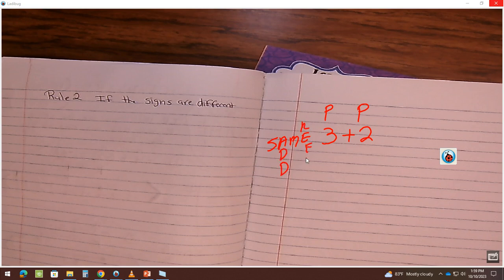Add and keep. So what's 3 plus 2? It's going to stay positive, so that's it. So that rule works obviously with these two. Why didn't I give you an example of positives? Because with positives, I said, just work the way you've always worked. You don't have to deal with rules. Just add it, that's it, you're done. Okay? It's when there's negatives that I have to worry about it.